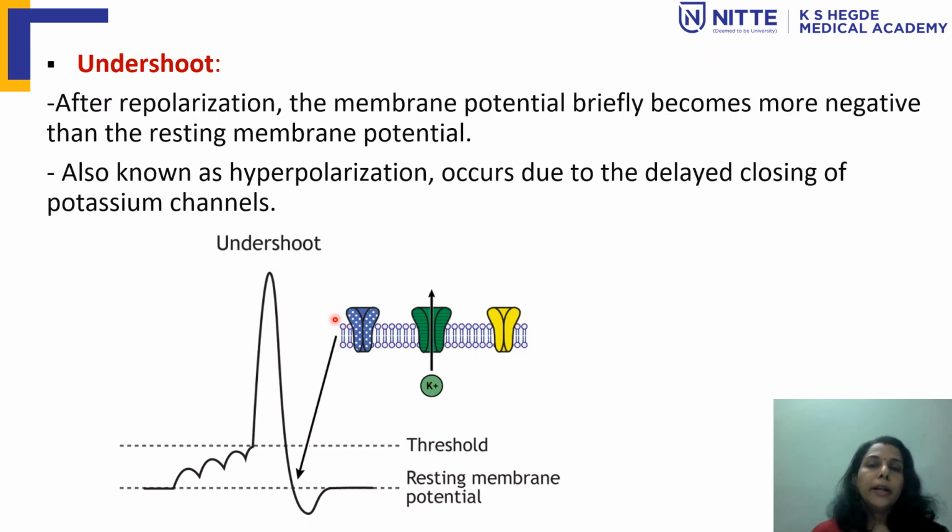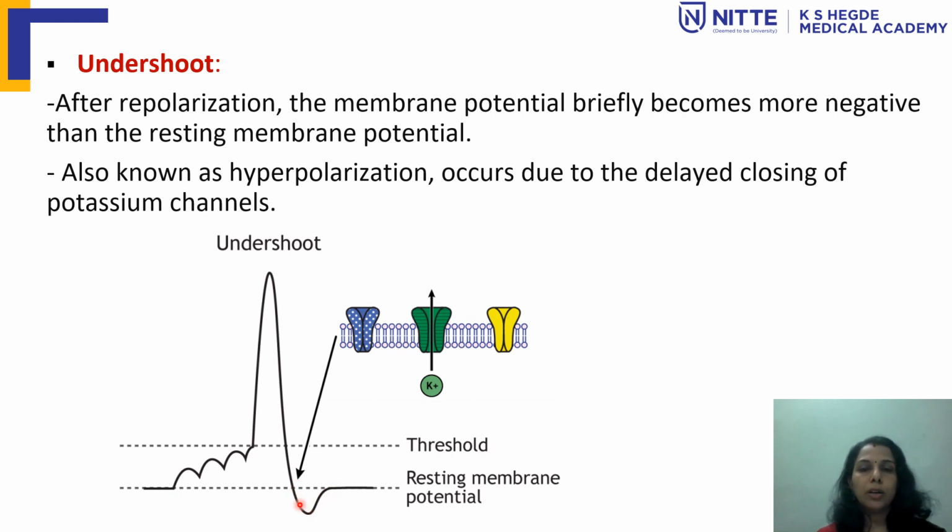So there is something else that happens after the repolarization. What is that? After repolarization, the membrane potential briefly becomes more negative. See, here there is the resting membrane potential. The membrane potential becomes more negative than the resting membrane potential.